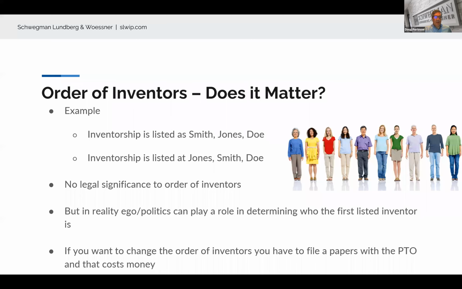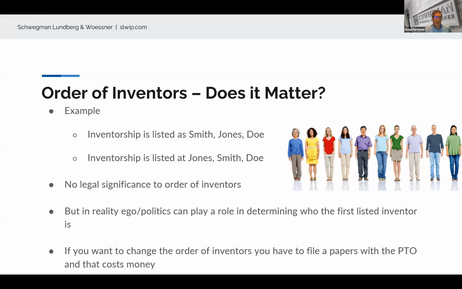But say the inventorship is listed as Smith, Jones, and Doe, compared to Jones, Smith, Doe, where we've switched the first and second inventors. Is there any legal significance in that? No, it's the same inventorship, just a different order. Permutations and combinations of inventorship don't really matter as long as it's the same.